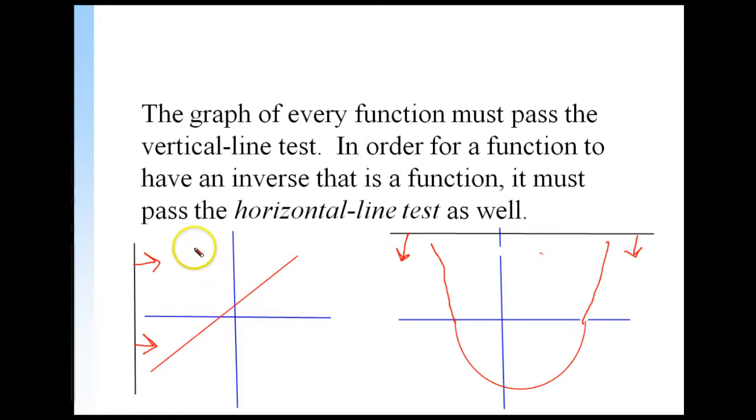And the answer is no. So it passes the vertical line test, and this is a function. Now, does this same vertical line, as it passes over this parabola, pass the vertical line test? Yes, the vertical line says that this is a function.